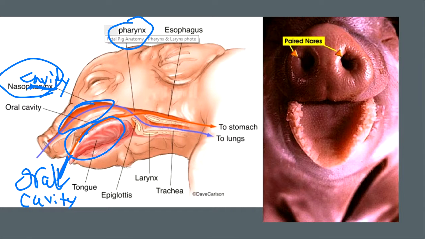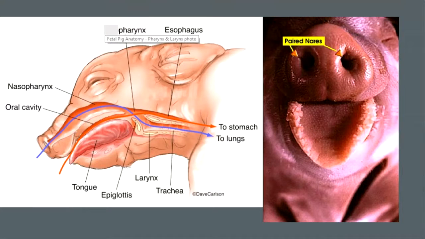So this little space here, which we call the pharynx, is a common opening for both the breathing tube and the feeding tube. So you have the breathing tube, which goes through the nasal cavity, past the pharynx, and into the larynx, which is the first part of the trachea, and then the trachea proper.